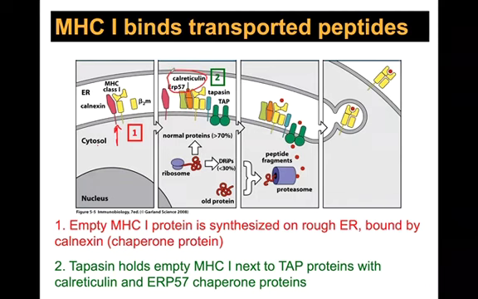ERP57 and calreticulin act together to hold that newly made MHC1 open, where tapasin brings that MHC1 next to the TAP protein. So you have to fold it, then hold it open and put it next to TAP.